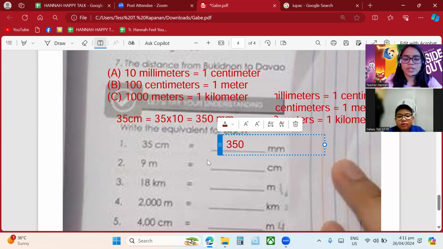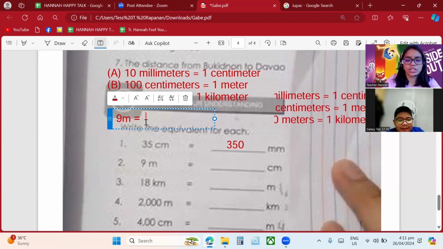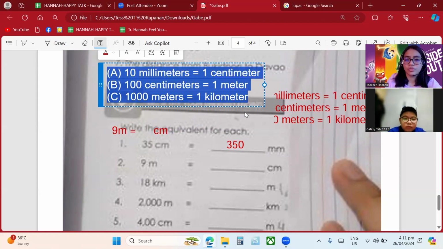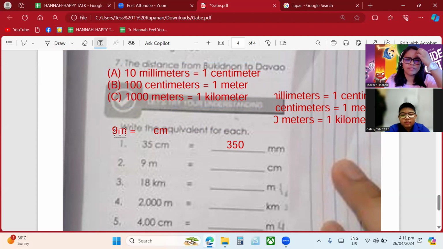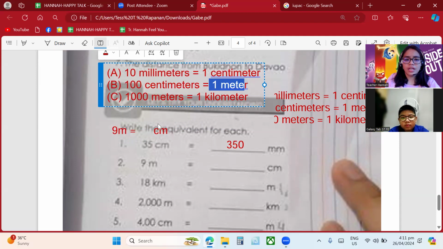Okay. Next, we have 9 meters. We're going to change it into centimeters. So we have meters and we have centimeters. So what conversion are we going to use? Letter B. Letter B, very good. For each meter, you have 100 centimeters.